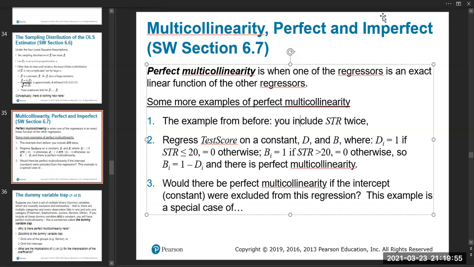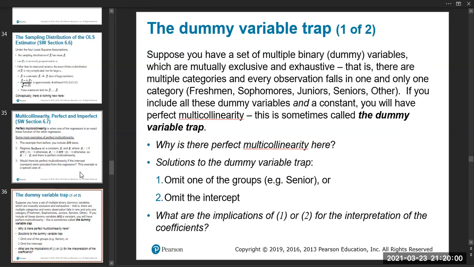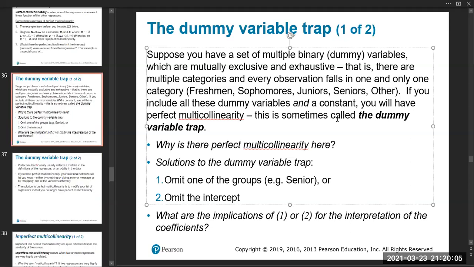So let's go into the dummy variable trap. The dummy variable trap is a good example of perfect multicollinearity. If there are two categories, usually female and male, you only need one of them in the equation.